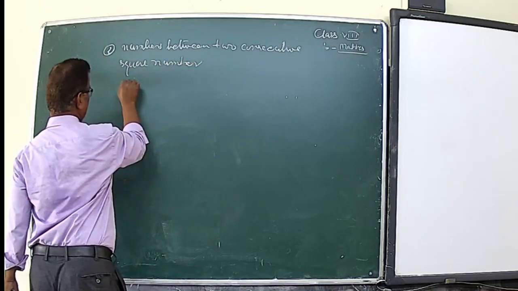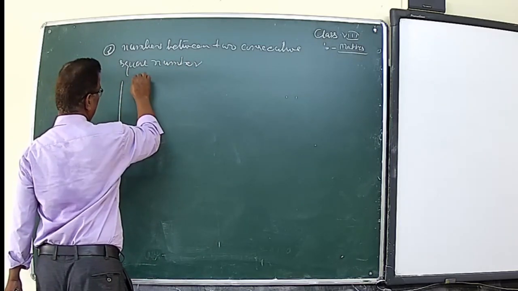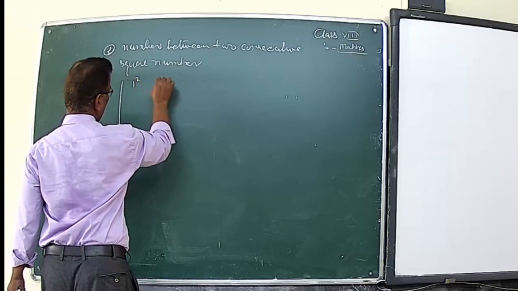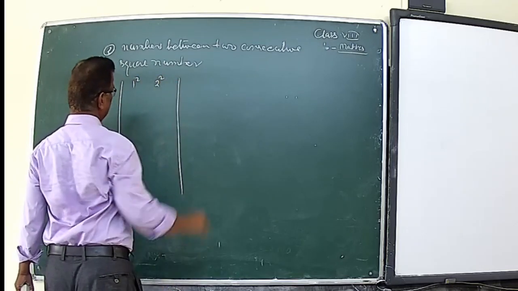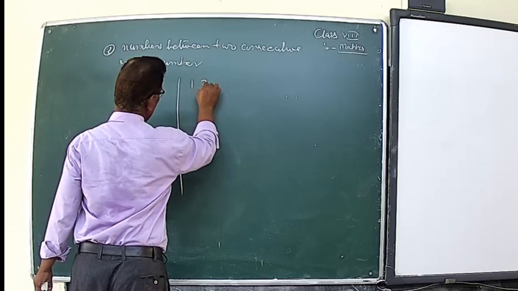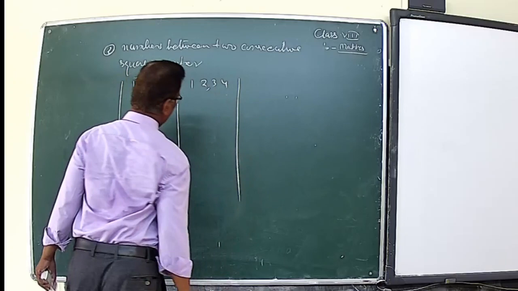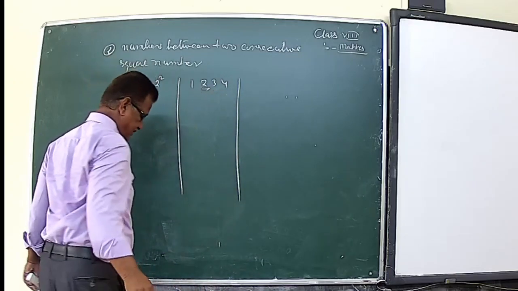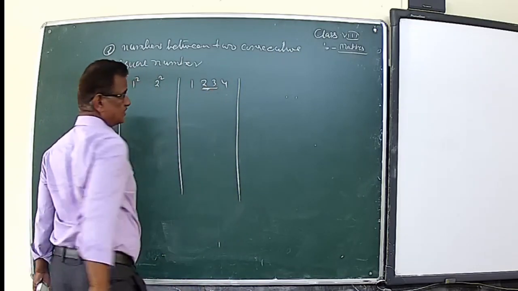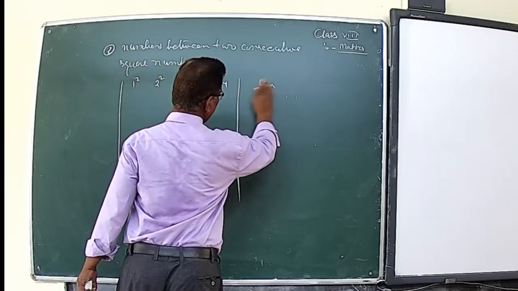For example, take 1 squared and 2 squared. Then there is 1, 2, 3, and then 4 coming. There are two numbers between the two consecutive square numbers, that is 1 into 2.